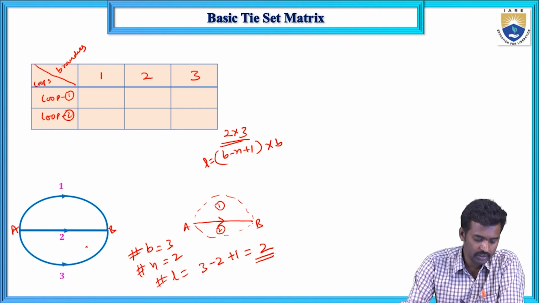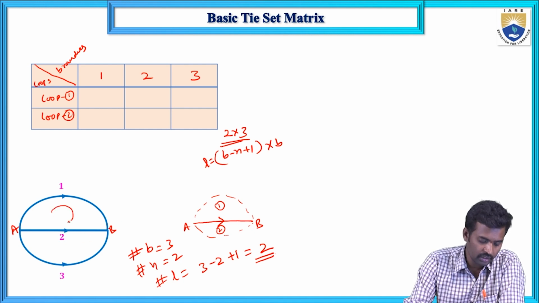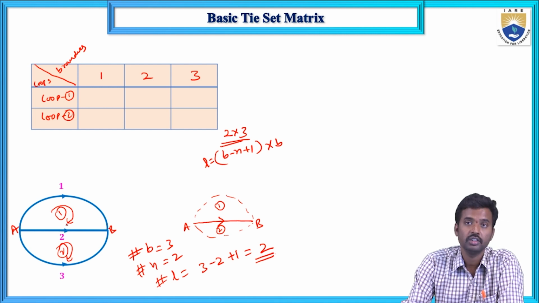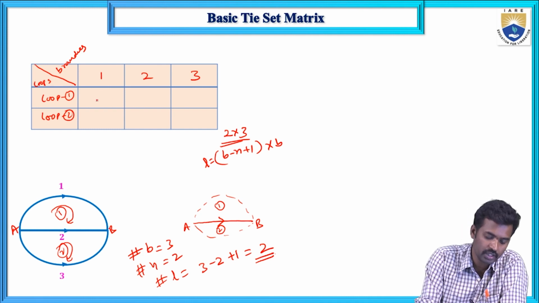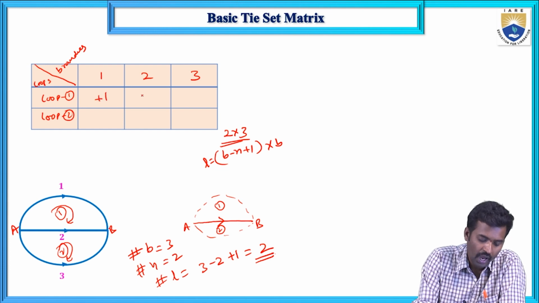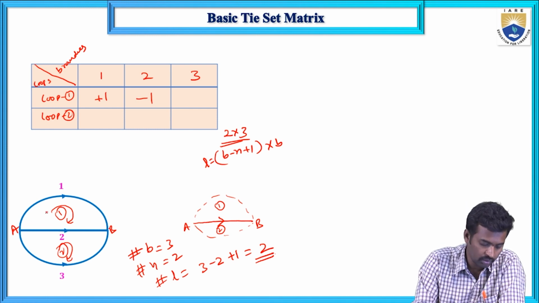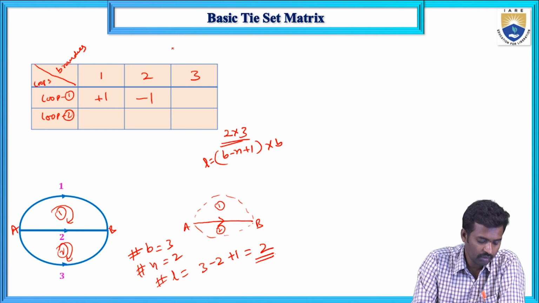This direction is always clockwise. This is the first one and this is the second one. If the direction is the same, then that is plus 1, and if it is opposite, minus 1. Here branch 1 and this F loop direction are the same, so plus 1, and 2 is opposite to this one. Here it is flowing from right to left, and it is flowing from left to right.